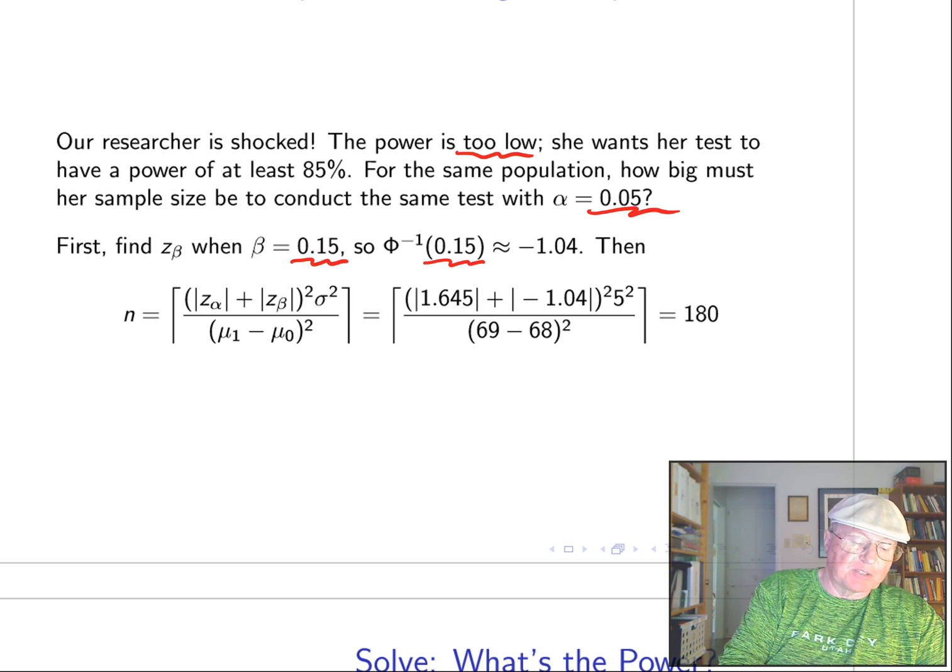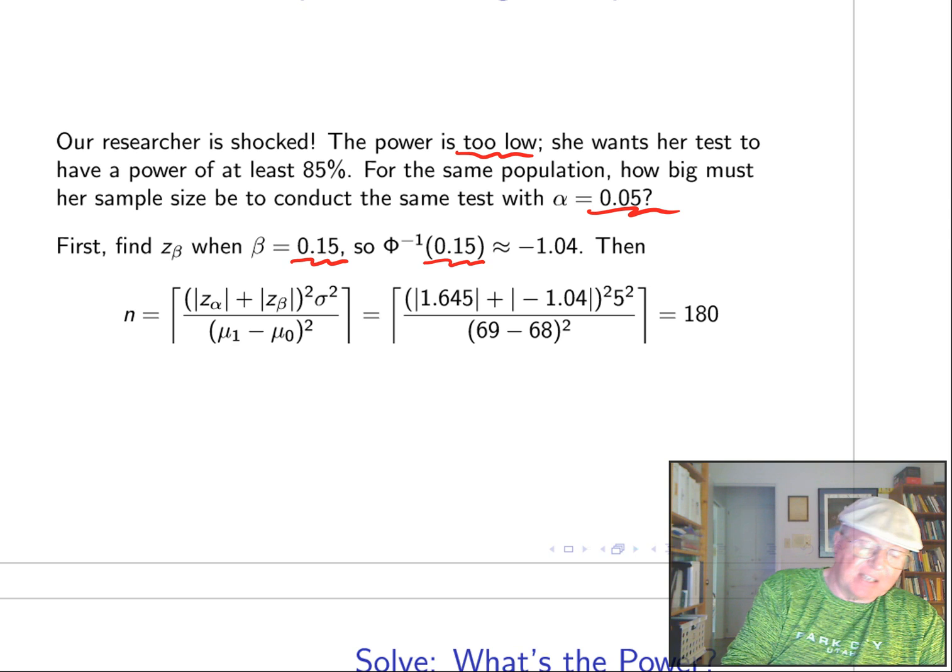So we'll take the absolute values of the two z-scores, square the sum, multiply by the variance and divide by the square of the difference in the means. So there's my 1.645 for 95%, my minus 1.04 for 15%. The variance was 5 squared. Difference is 1 squared. And we get 180.